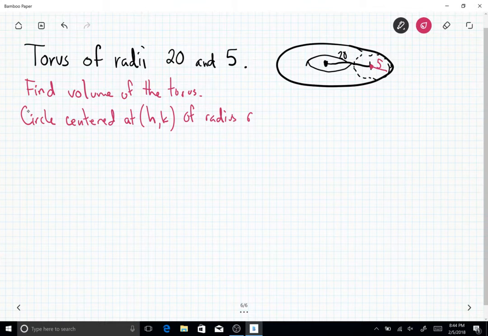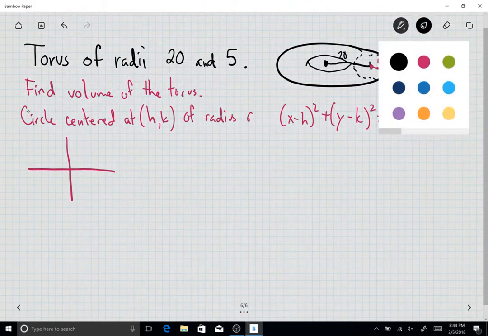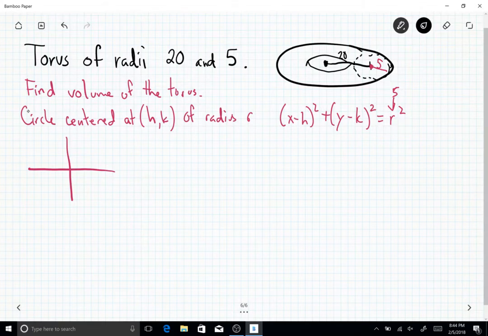Well, in general, you'd have x minus h, the quantity squared, plus y minus k, the quantity squared, equals little r squared. Well, in this case, our little r, our smaller circle, has radius 5. And then we can set this thing up in such a way, we have a lot of freedom, just like the other problems. It's all dependent upon how we set this thing up.